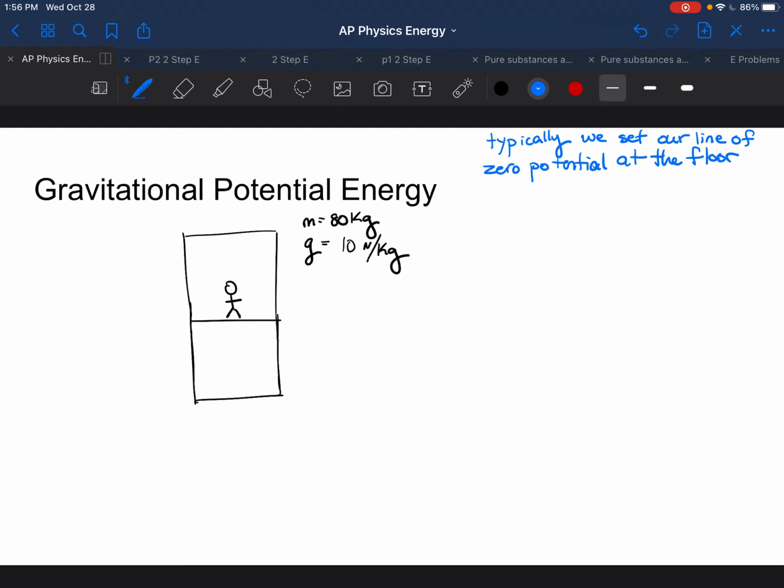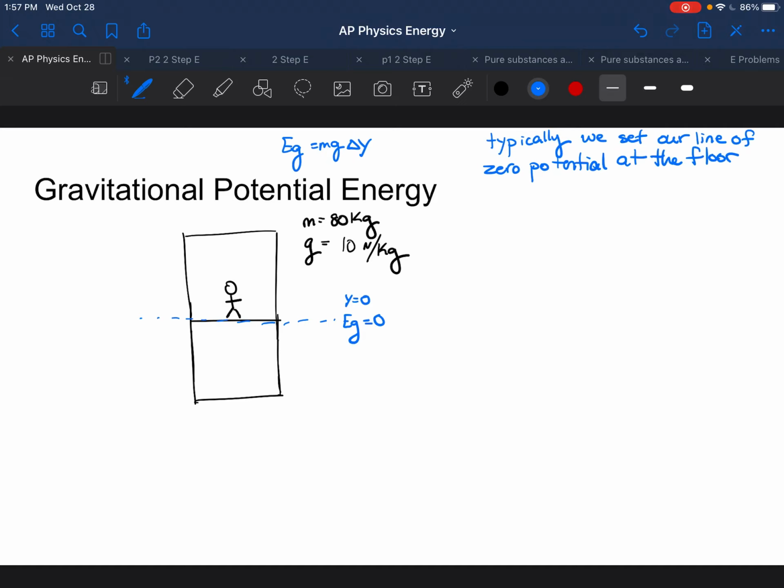And so here, if I'm in my room, I want to set my line of zero potential here. And this is just the point where we say y equals 0, and if y is equal to 0, EG has to be 0, because if EG equals mg delta y, and our y is 0 at that point, then so must the potential energy be.